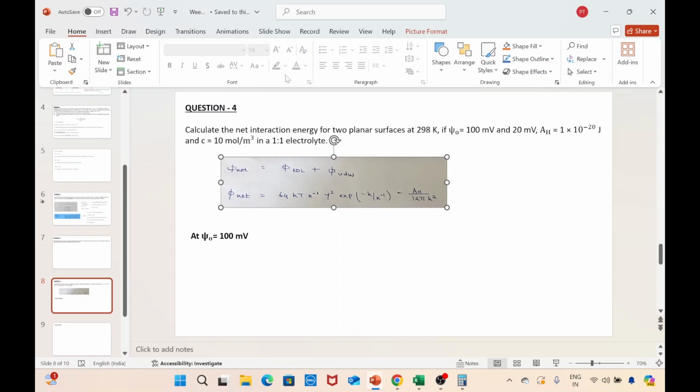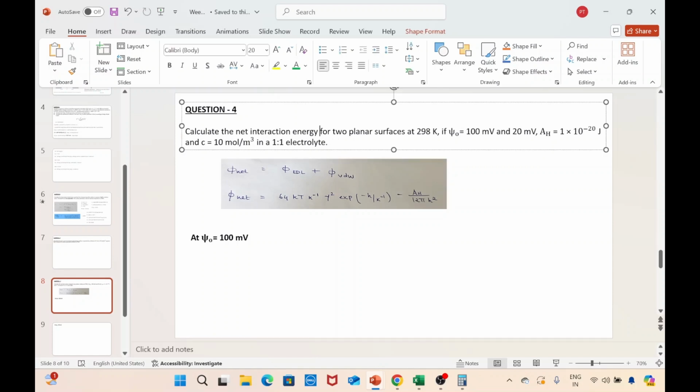Here we have to calculate the net interaction energy profile. It's not about calculating the value of net interaction energy, but how your net interaction energy is going to vary with the distance between the planar surfaces, and that too for two cases.